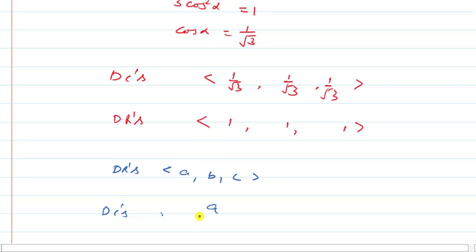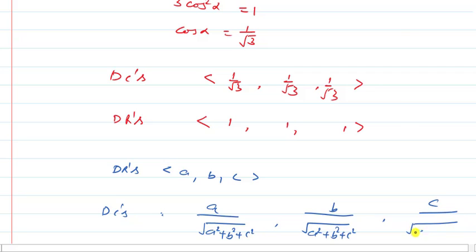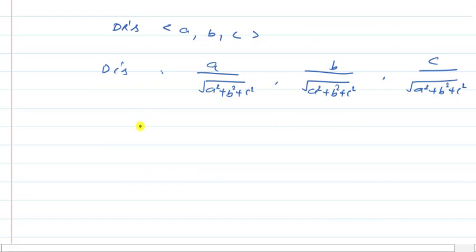Direction cosines will be A upon square root of A square plus B square plus C square, B upon square root of A square plus B square plus C square, and C upon square root of A square plus B square plus C square. This we get from the same concept of vectors, as I explained, that if we have a vector, suppose A, with its vector components as x i cap plus y j cap plus z k cap, then by calculating A cap, we can find out direction cosines.